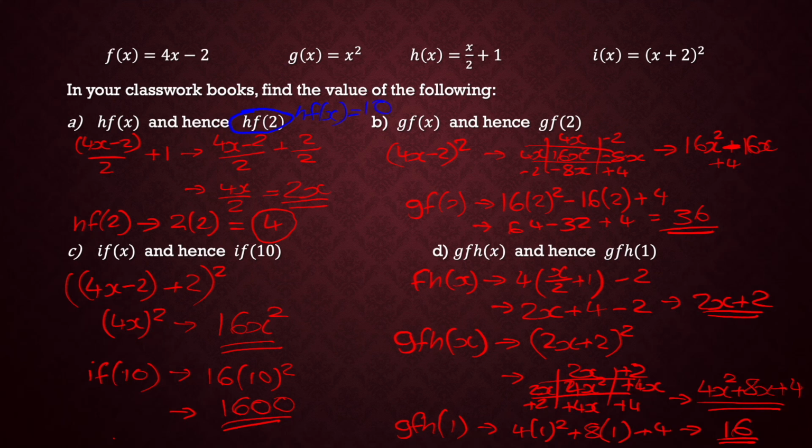Okay, that might be the second question instead. Now, all that means is you've just got to solve the equation. So we know hf of x is 2x, so that just becomes 2x equals 10, so x equals 5. So just be aware of that extra bit of a question. You could just have an equation to solve in there instead.